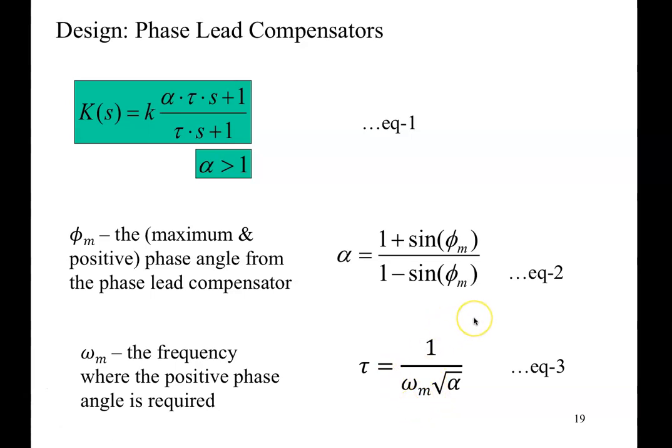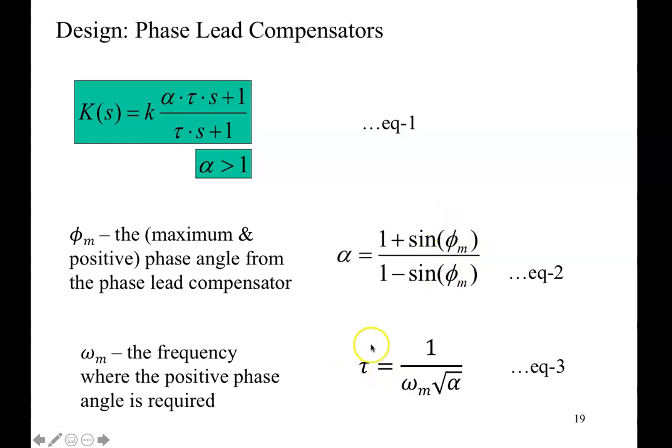phase angle to be. Okay, so equation 1 defines the transfer function of the phase lead compensator. Equation 2 is the one you use to calculate the alpha value for the controller from the required phase angle.